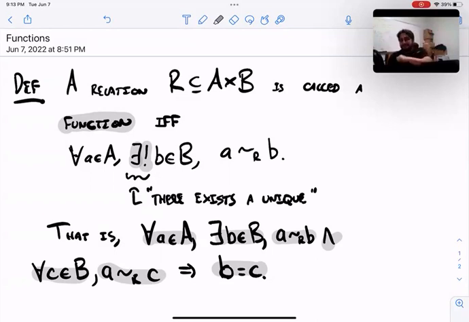B and C must be equal. So that's how to get this uniqueness condition expressed in terms of ordinary quantifiers for all and there exists, right? So you see now why the exclamation point is a useful notational shortcut, because it takes a while to say uniqueness without it if you just want to express it in for all and there exists.